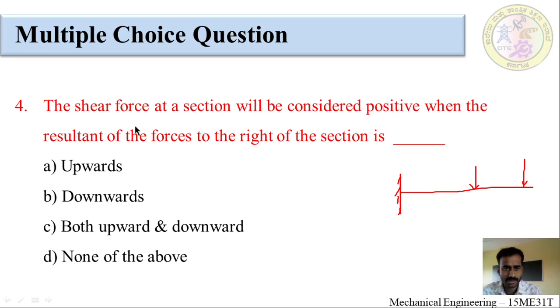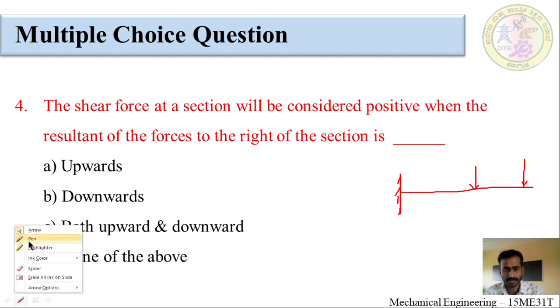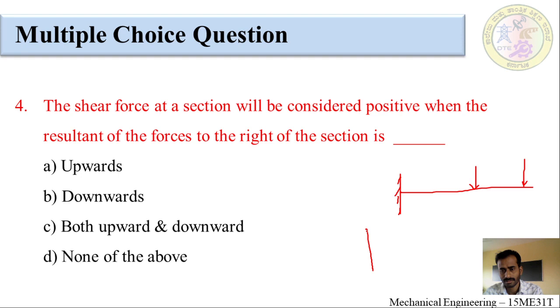And for the fourth question, the shear force at a section will be considered positive when the resultant of the forces to the right of the section. As we already discussed, if shear force is to be positive, then on the left of the section it should be upward, on the right of the section the forces should be downward.